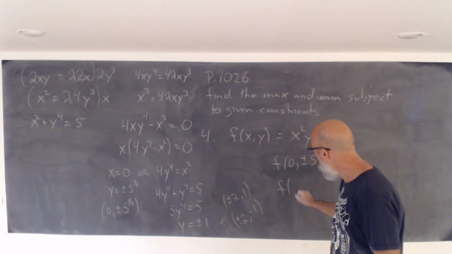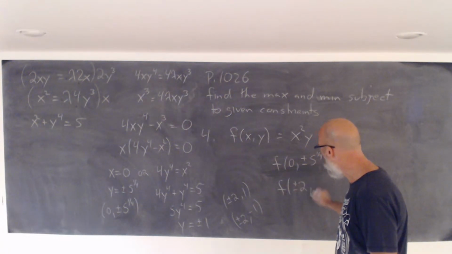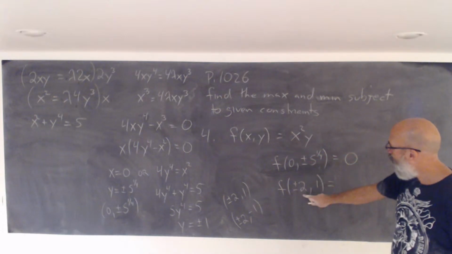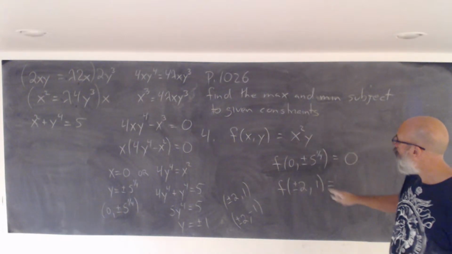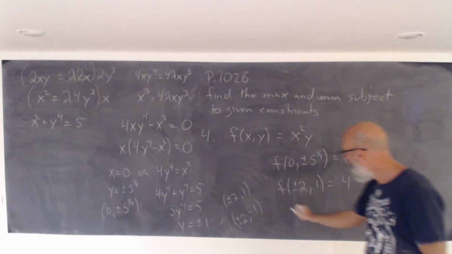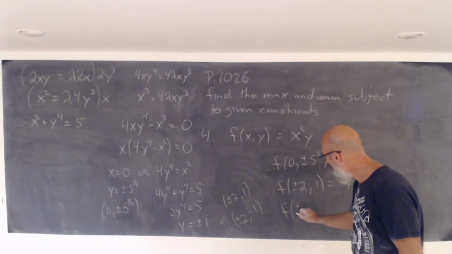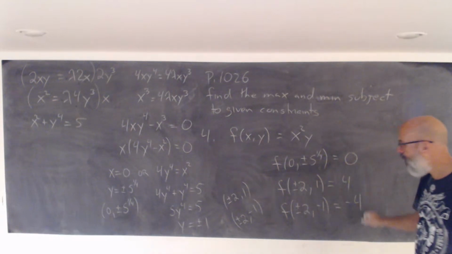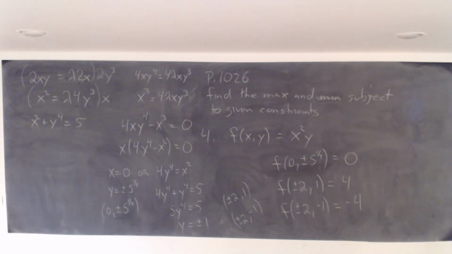And if x is plus or minus 2, since you're squaring, it doesn't matter which one, that's going to be 4. And if y is minus 1, that's going to be negative 4. There you go. So here we see that this is the max, and this is the min.